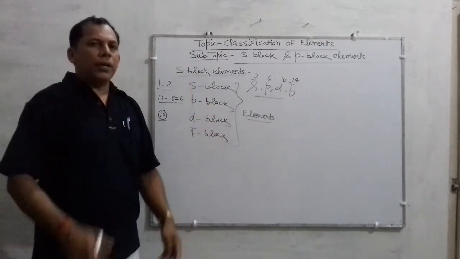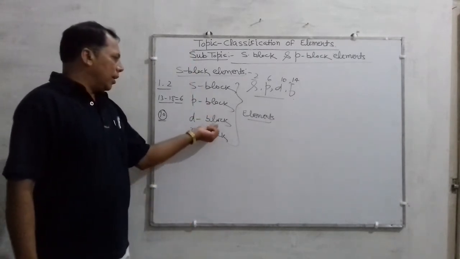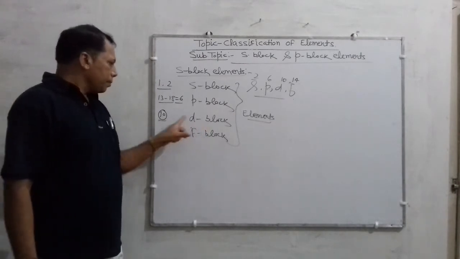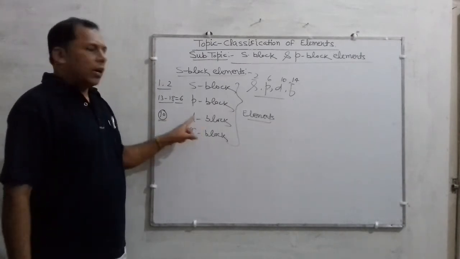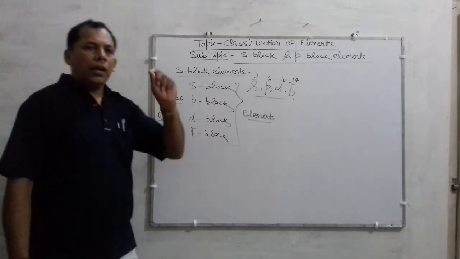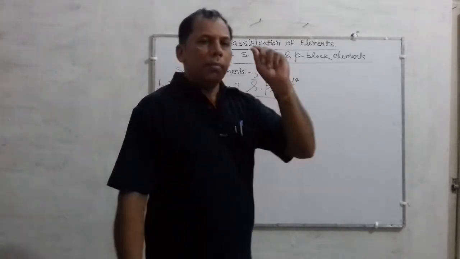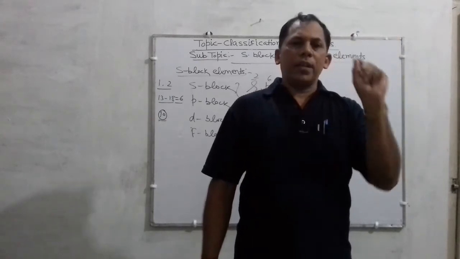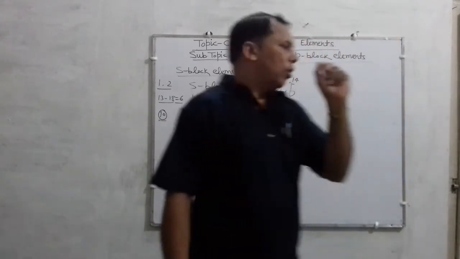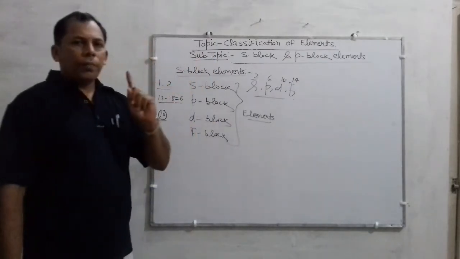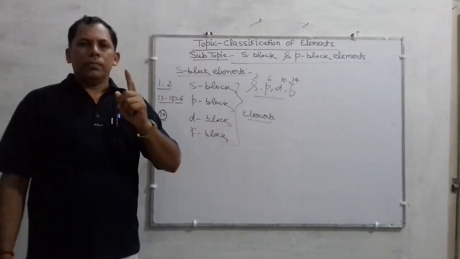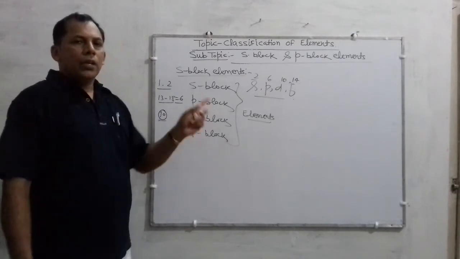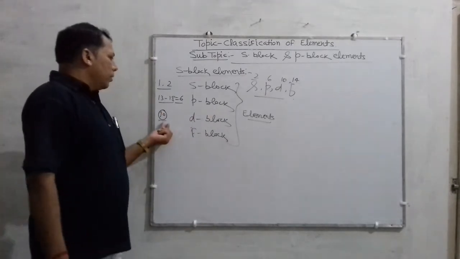There are 10 vertical columns in which these elements are arranged, and these are group 3, group 4, group 5, group 6, group 7, group 8, group 9, group 10, group 11 and group 12. Right children? Okay.